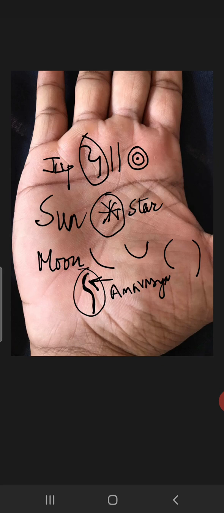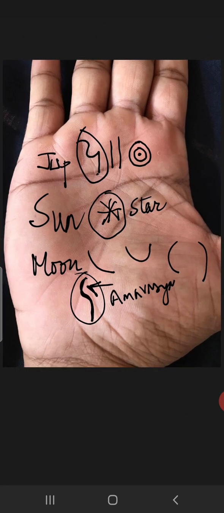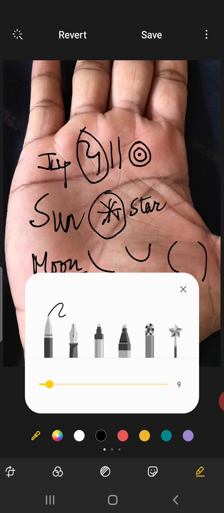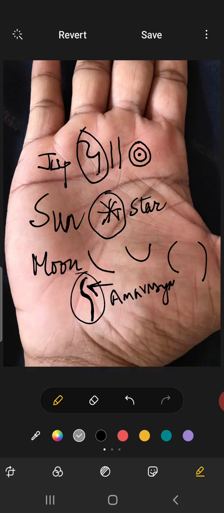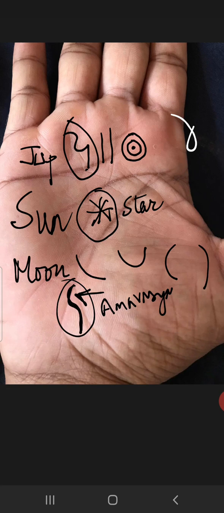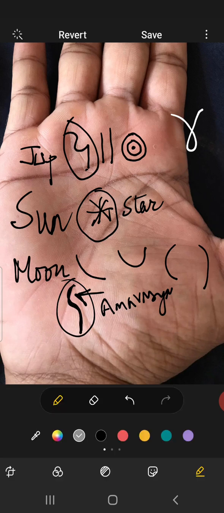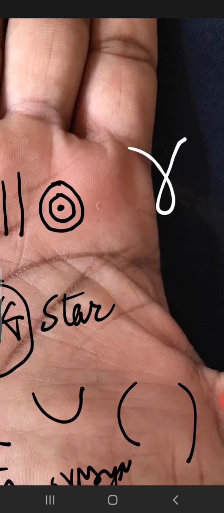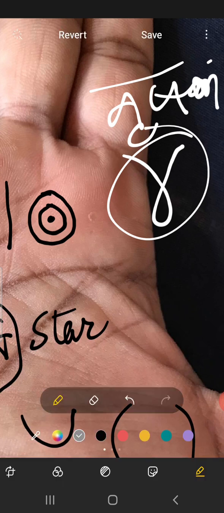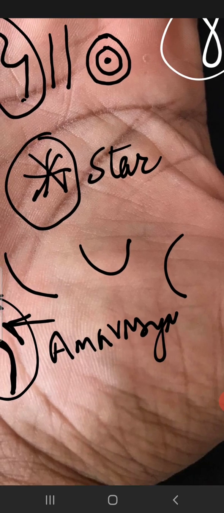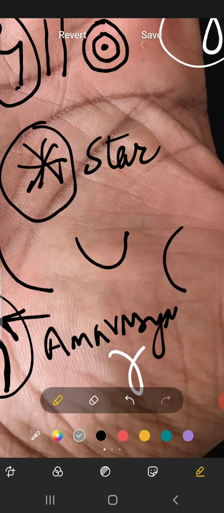Now, do not get confused. I remember someone asked me about this symbol or sign of Vrishab. The Vrishab Rashi sign is like this. If you see this sign here, for example, it doesn't mean that Shukra is in Vrishab Rashi.